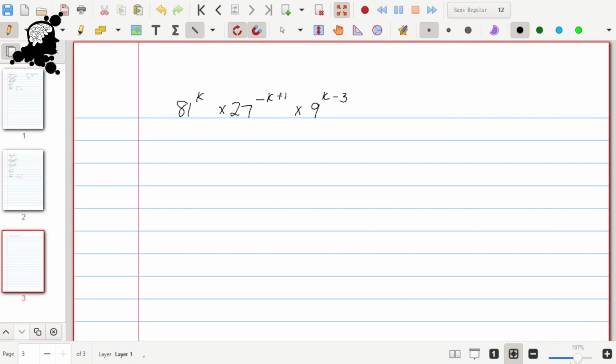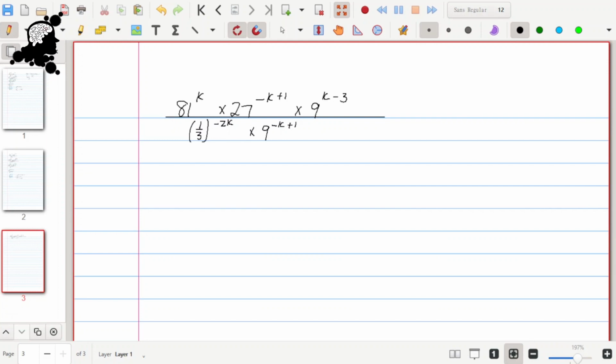Let me use a straight line to draw the division sign. There we are. Straight line is great. So next we have a third raised to the power negative 2k, times 9 raised to the power minus k plus 1.